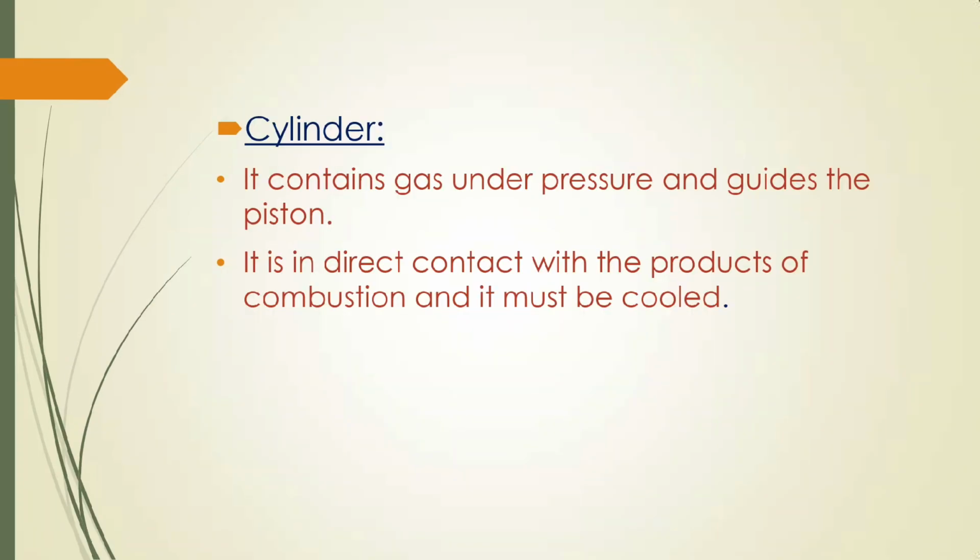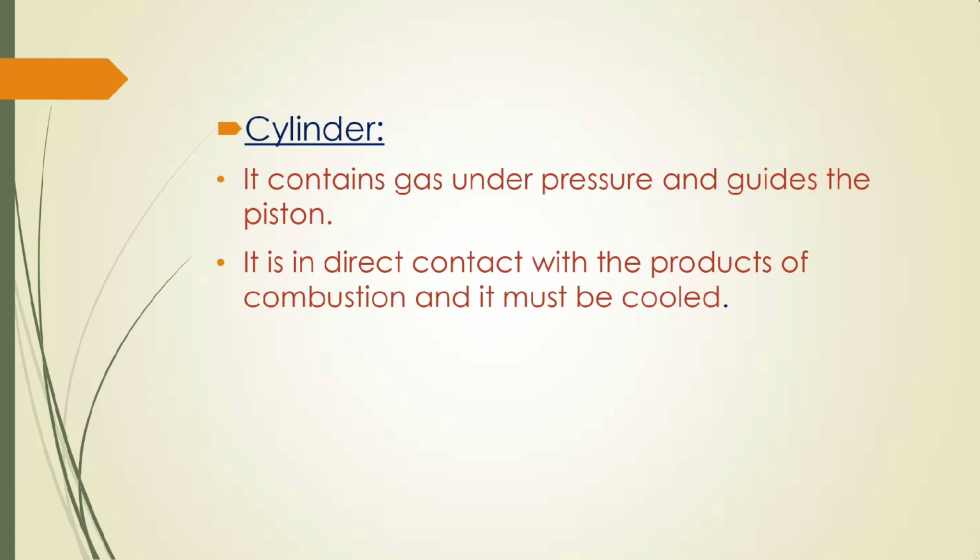Now we are going to see the important roles of various parts. Cylinder is an important part in the engine construction. It contains the whole gas under pressure and guides the piston.